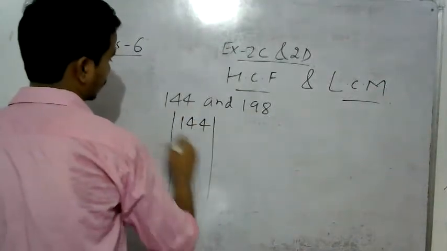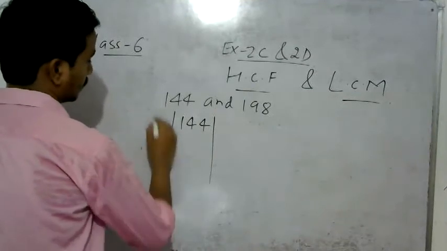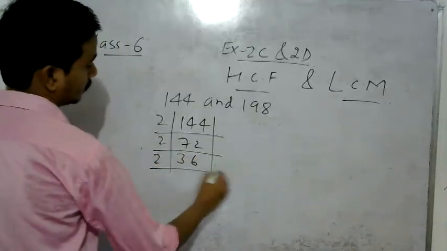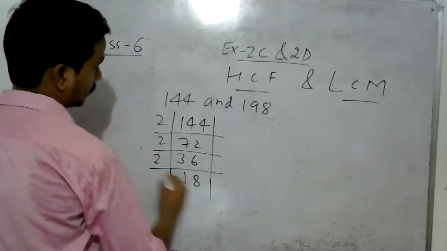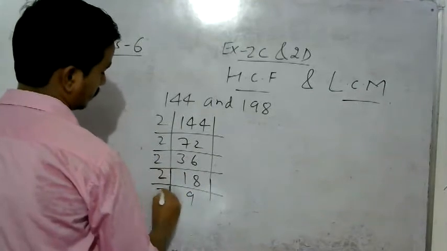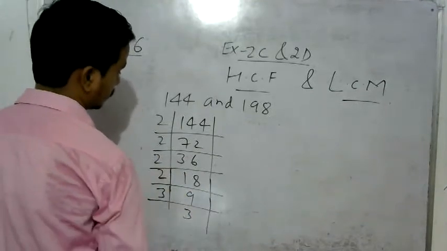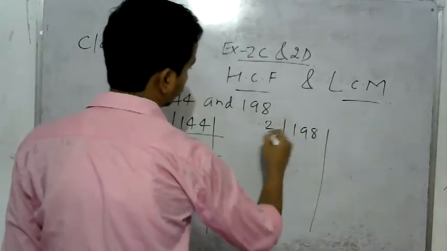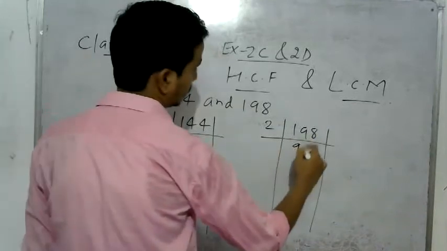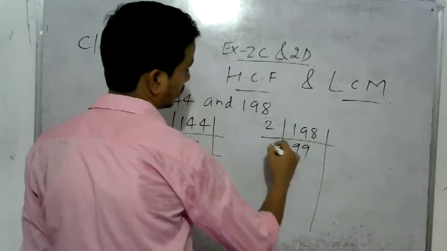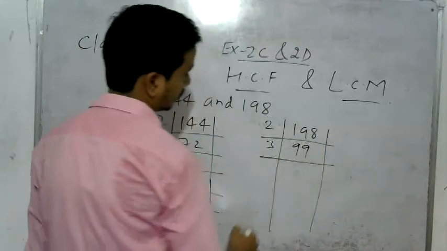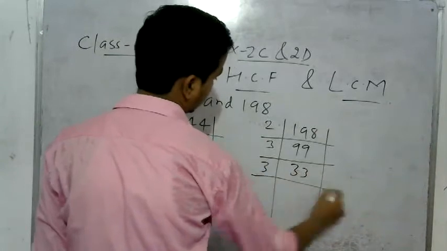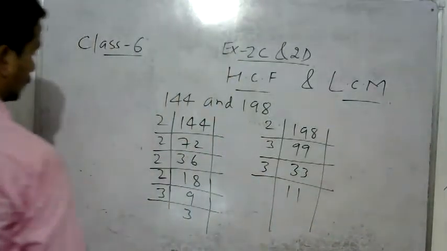Find the prime factorization of 144: 2, 72, 2, 36, 2, 18, 2, 9, 3, 3. Again for 198: 2, 99, 3, 33, 3, 11.